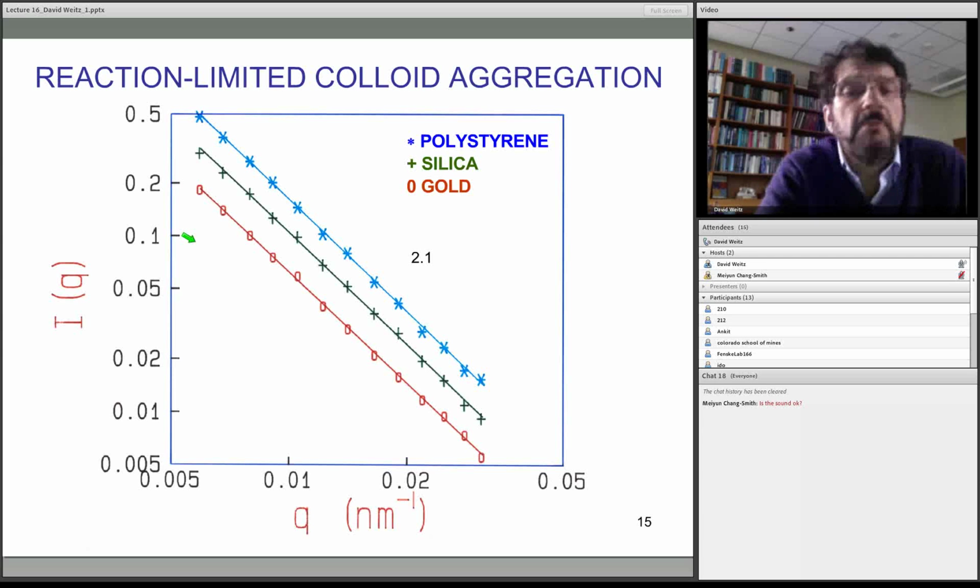That means they fill more and more of space as they get larger. As a result, in all cases, if you have a system that's purely growing as fractal objects, eventually you form a system that spans all of space, and you form a gel.